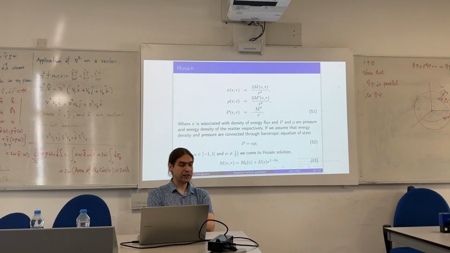And of course, we should consider just the average P is equal to alpha rho. Then we obtain a barotropic equation of state. But actually, this equation of state will be nearly the same. You just change the constant alpha.